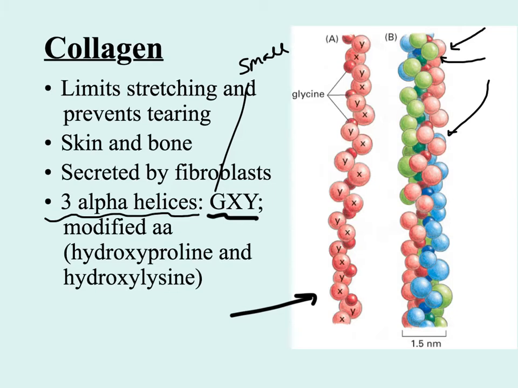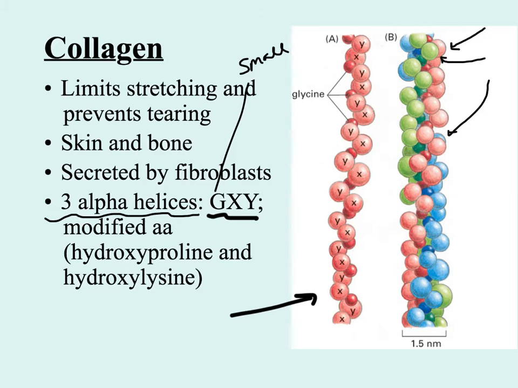They're alpha helices, and the 3 alpha helices wind around each other. The glycines are very small amino acids, so they don't really poke out of the structure very much, but you have a lot of the other amino acids that are prominent in the structure. So that's one really cool part of this, the glycine, any amino acid, any amino acid.